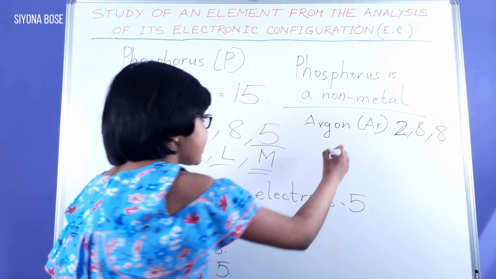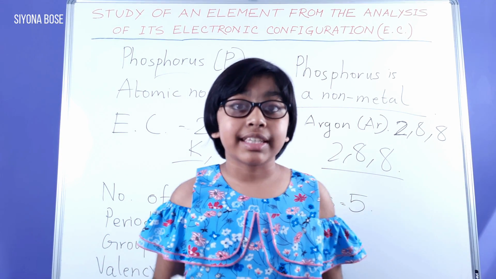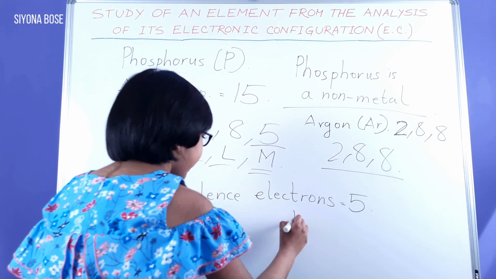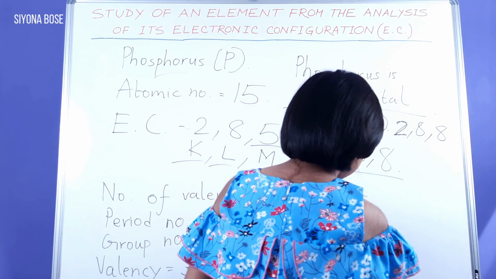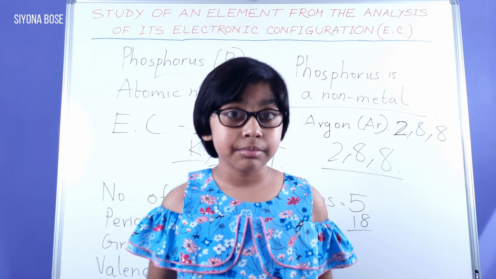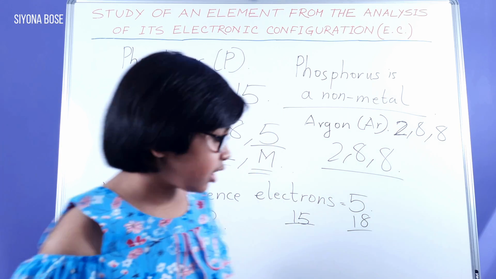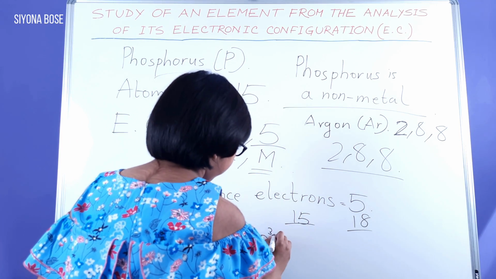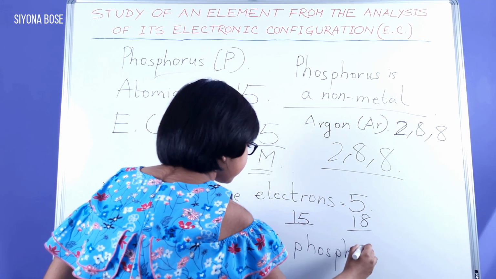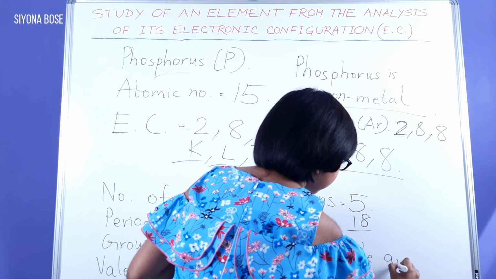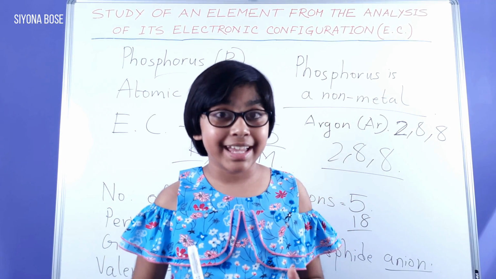On gaining, it gets this stable electronic configuration of 2,8,8, but on gaining, it also has 15 protons in the nucleus, but 18 electrons in the 3 shells altogether, which accounts for 3 negative charges on the phosphorus atom, forming a P3 minus phosphide anion, which is a negatively charged atom.